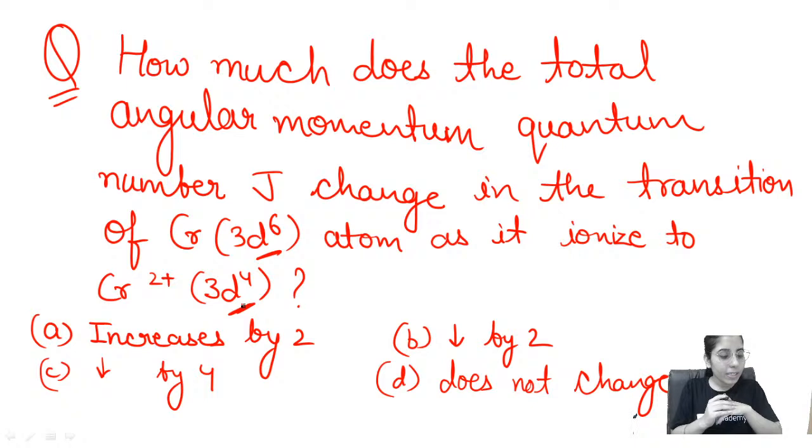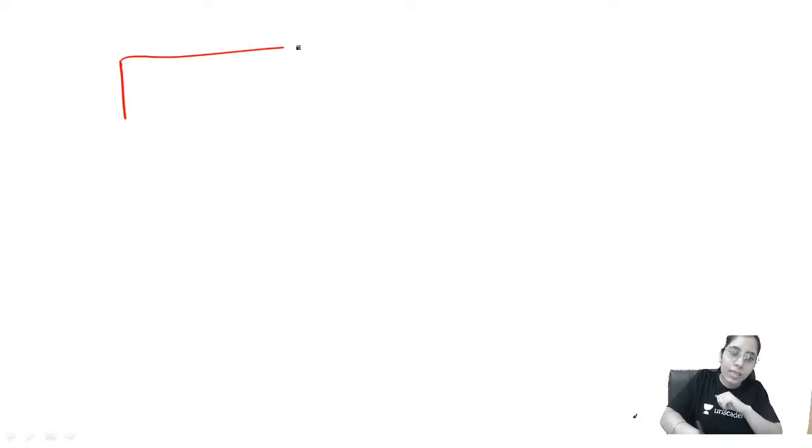Are they inverted multiplets? Yes, they are inverted multiplets. And when they are inverted multiplets, we know their spectroscopic terms will be the same. So even if I find the spectroscopic terms for the ground state of one, I can say the other will be the same. Okay, so let's consider it. d6.